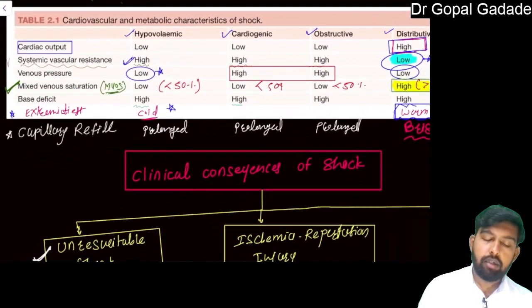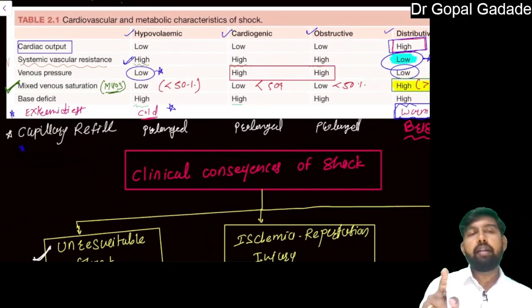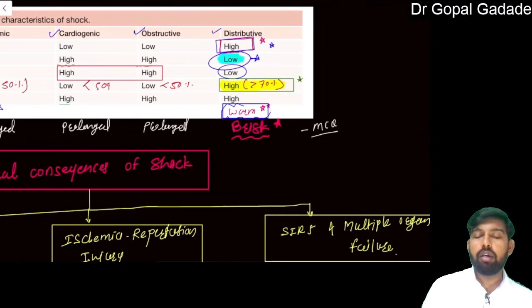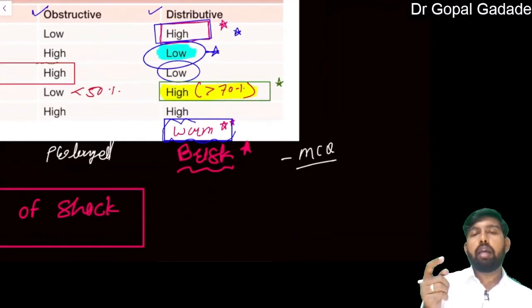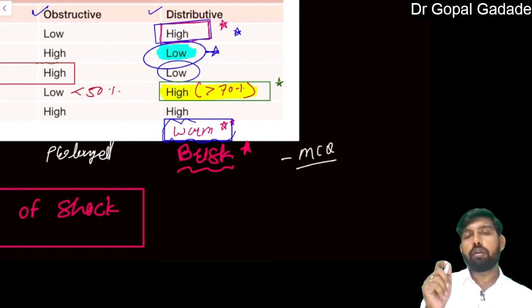And there is the capillary refill time. The capillary refill time is increased in all types of shock except in distributive shock, because the blood at the level of the tissue is high. So the capillary refill time is reduced in distributive shock, but prolonged in other types of shock, because there is no decreased blood volume at the cellular level in septic shock.